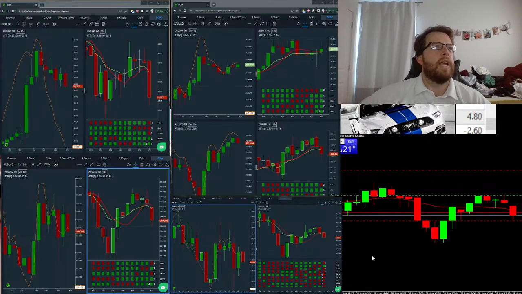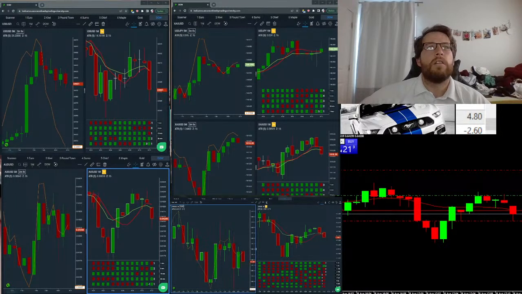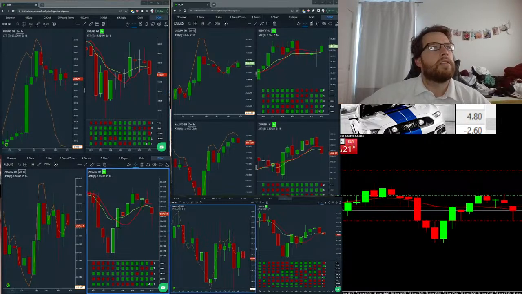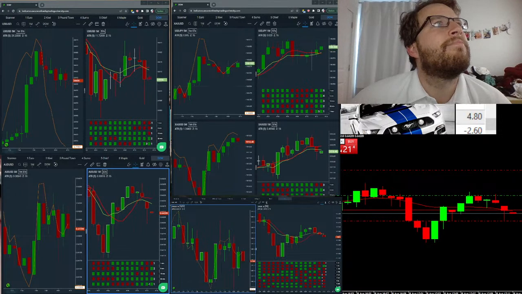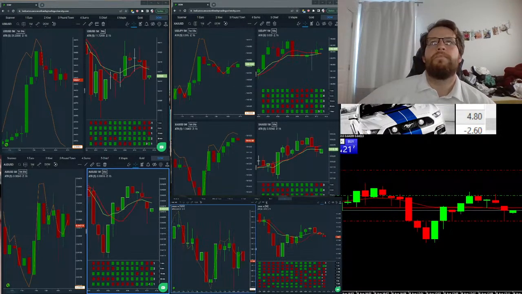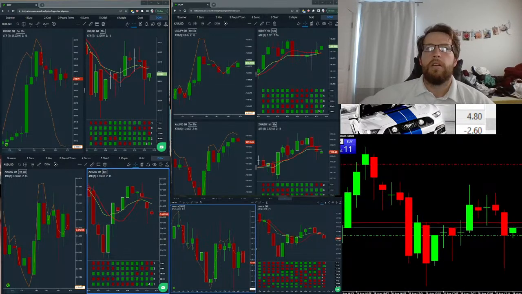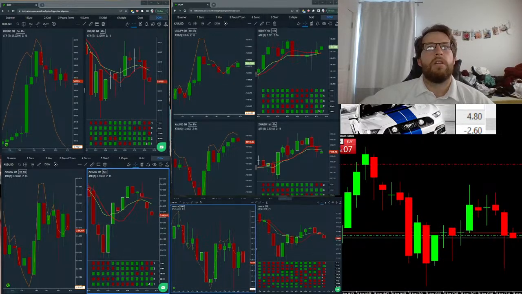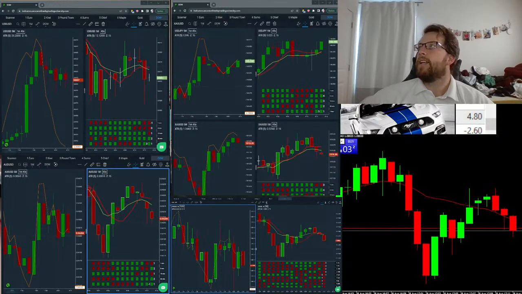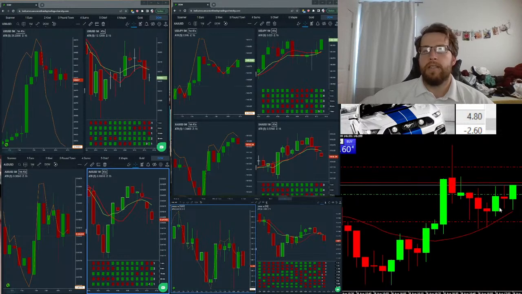We're actually about to get a sell signal on the Dow. See if it sticks. Yeah. Okay, so we just sold the Dow. Looks like our yen is starting to move up.